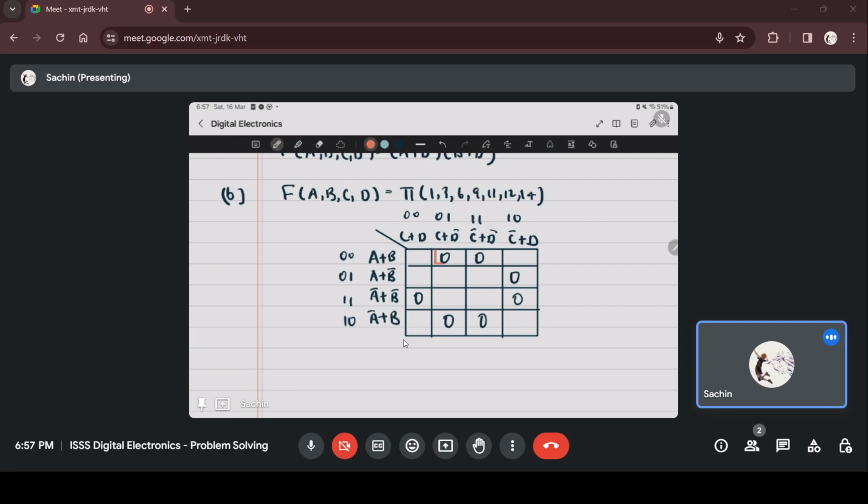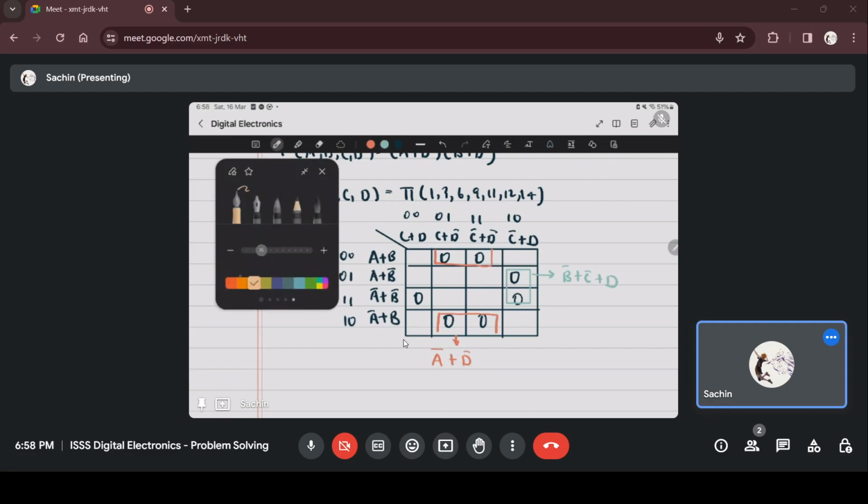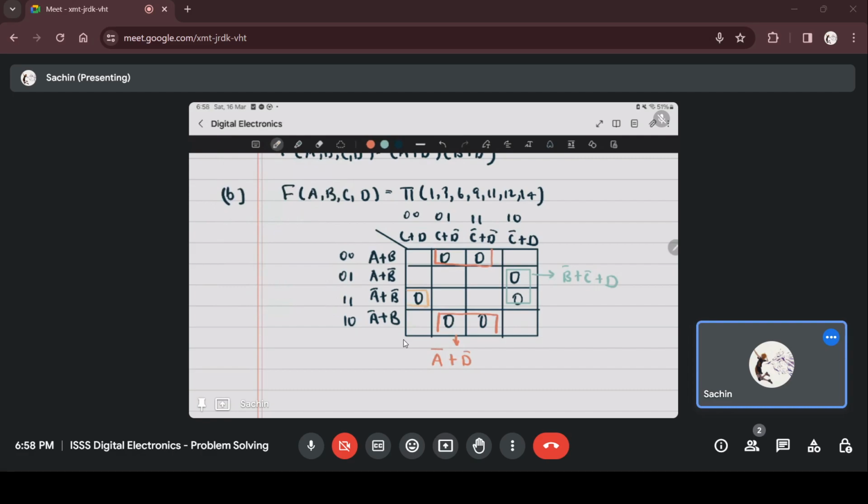we can form one quad like that, and the quad is a prime plus d prime, and a pair to cover these two zeros. The pair is b prime plus c prime plus d, and one more group to cover the final zero, and that pair is a prime plus b prime plus d.